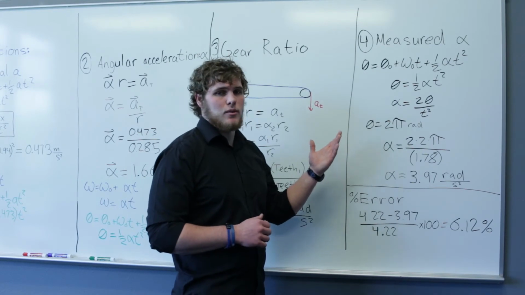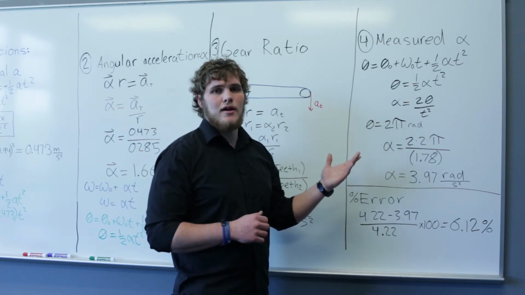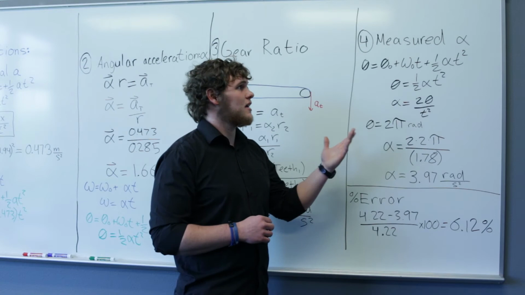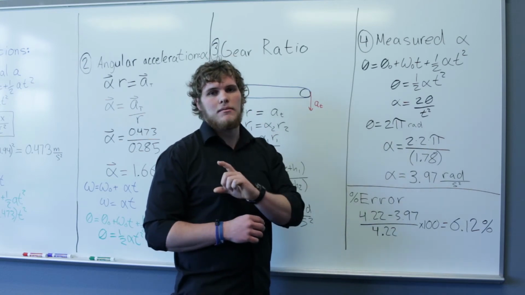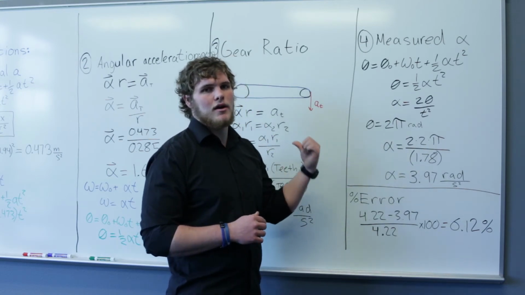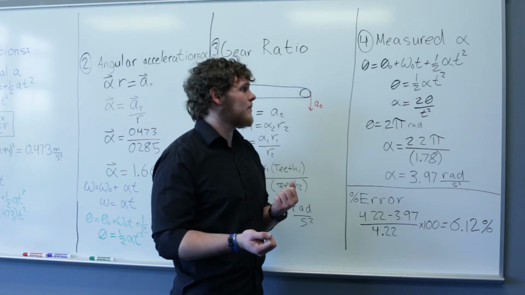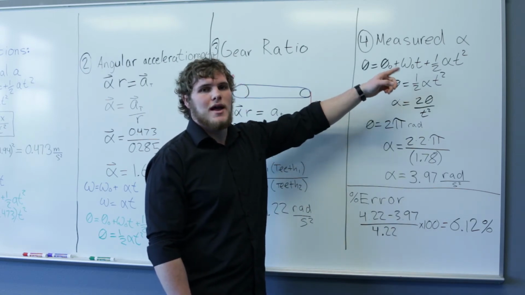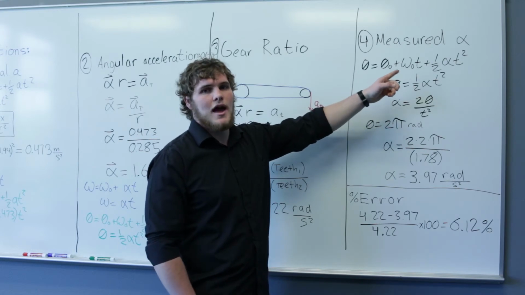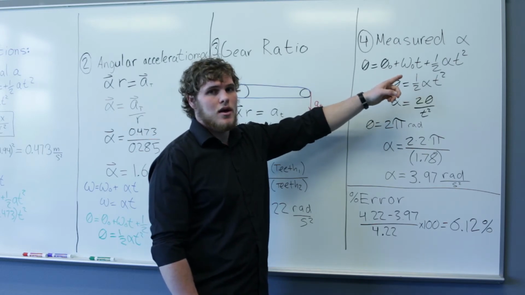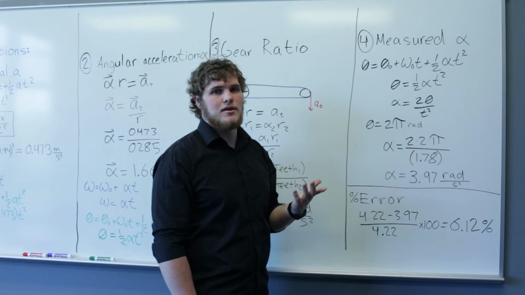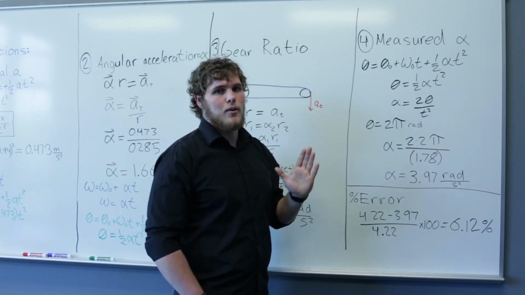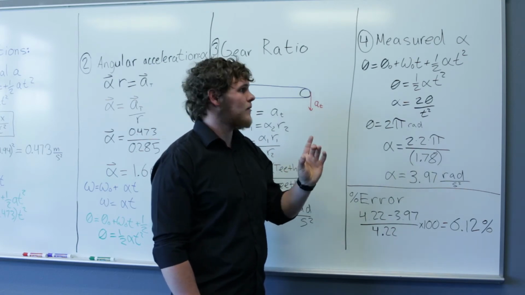The fourth equation we're going to use is used to calculate the angular acceleration based on the time. We use this to check our calculations to see if they match up. We use the equation theta is equal to theta naught plus omega naught t plus 1/2 alpha t squared, where we know that omega naught is 0 since it started at rest, and we set theta naught equal to 0.